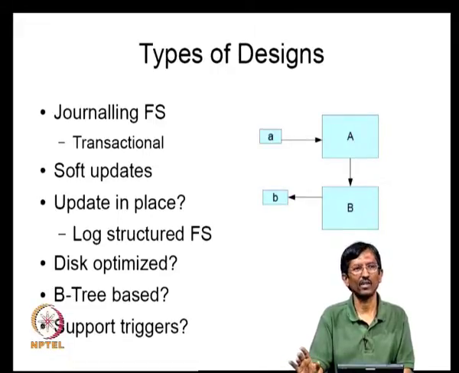For example, if you are writing a file A, the data of the write could be written to the log. It won't directly go to the file. Once the transaction is successfully completed, with no power failure or anything like that, you can think of writing that data from the log to the file. And you read the log only in case there is a failure.